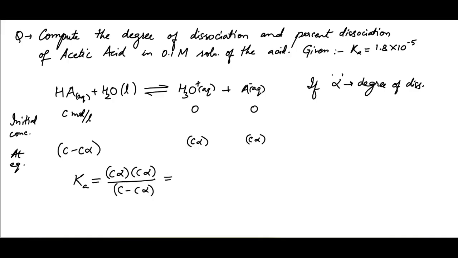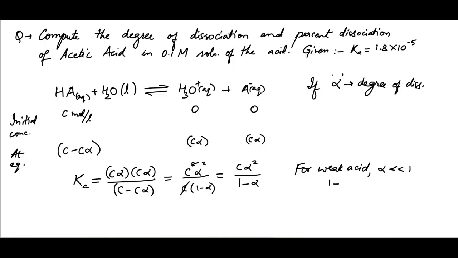When we take C common in the denominator, the numerator becomes C square alpha square, and the denominator becomes C into 1 minus alpha. The common factor C gets cancelled out, and we have C alpha square upon 1 minus alpha. We understood this as an electrolyte, now we are understanding it as an acid. That is the only difference. Also, as for a weak electrolyte, similarly for a weak acid, alpha is very less compared to 1, so 1 minus alpha can be approximately considered as 1.